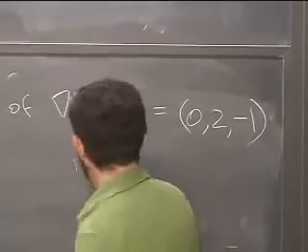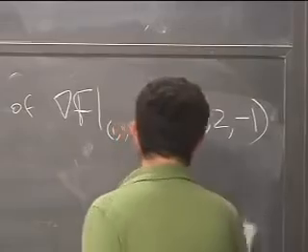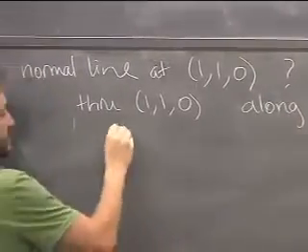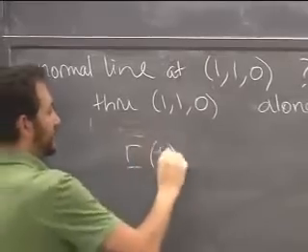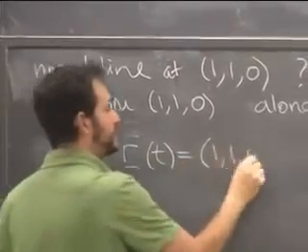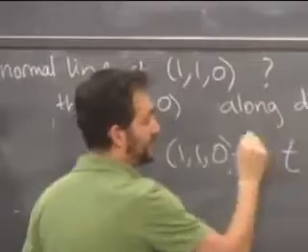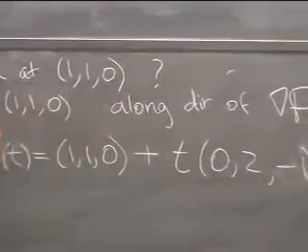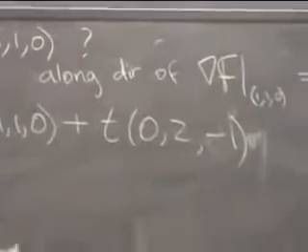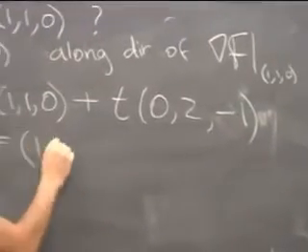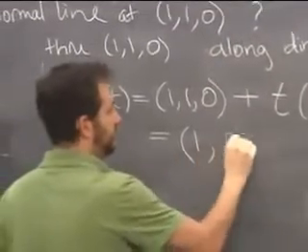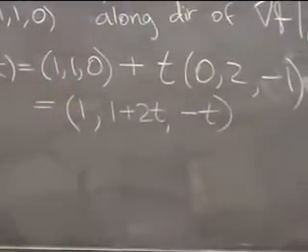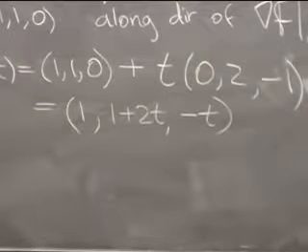And again, how do we know what the line is? Well, you'd write r of t equals 1, 1, 0, the base point, plus some parameter t times the direction vector. This is just going back to what we've done before. So if you want to write it out, it's 1, comma, 1 plus 2t, comma, minus t. And for different values of t, that maps out a line.